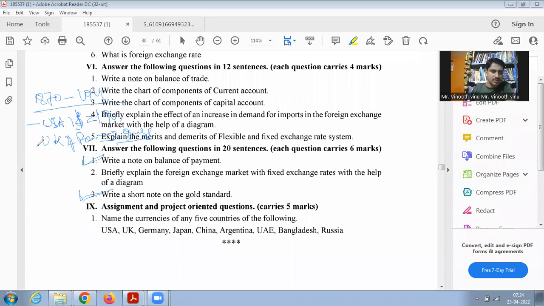Then a UK person comes to USA to purchase one pen for $2. He has to give 1 pound, that is 2 grams of gold according to his currency.